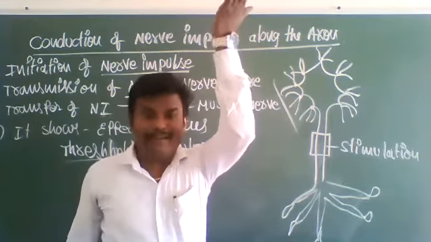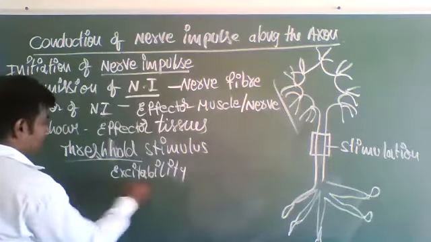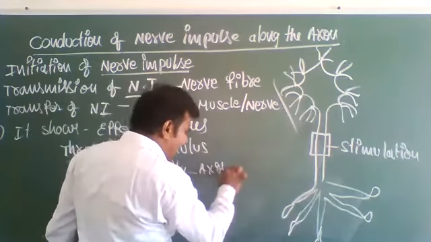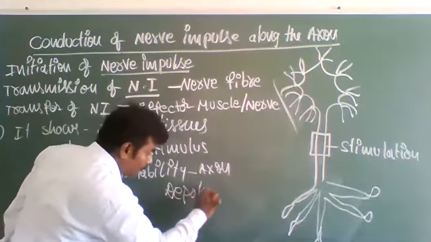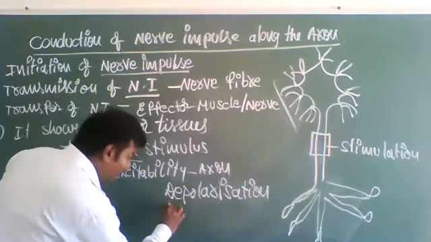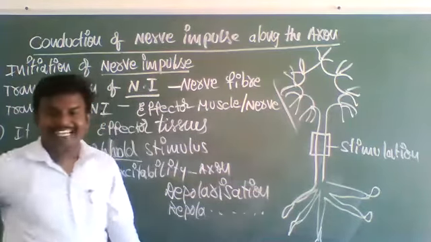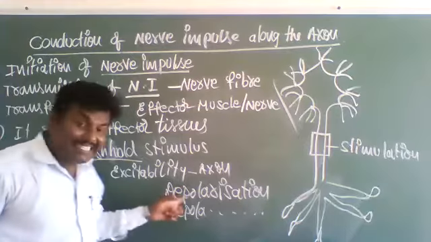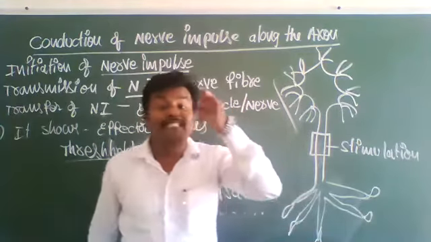The axon undergoes depolarization and repolarization, excitable, then comes back to the original state, the resting state. When it happens, initiation of nerve impulse occurs.